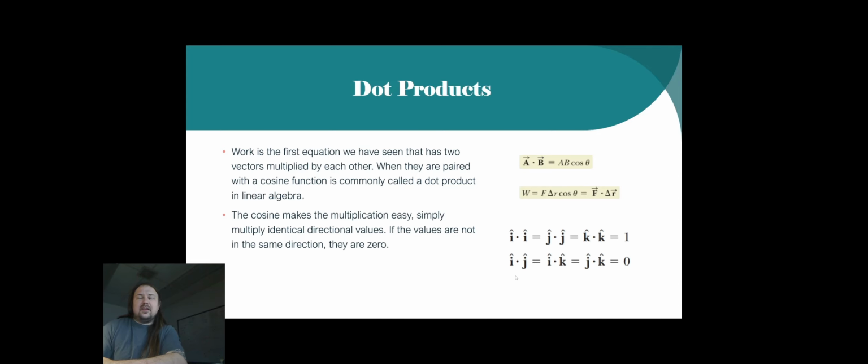Anything that is outside of identical, like an i hat and a j hat, is going to go to 0. So it makes the multiplications really easy. You just look for everything that's in the x, multiply those together. Everything in the y, multiply those together. Everything in the z, multiply those together. We'll do some examples of that too, but I'm going to continue on here. We'll do those at the end.